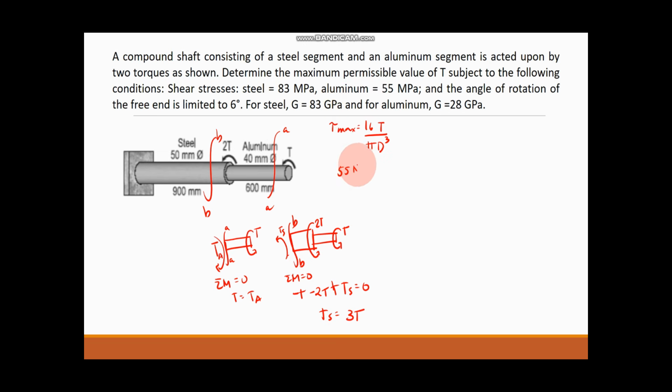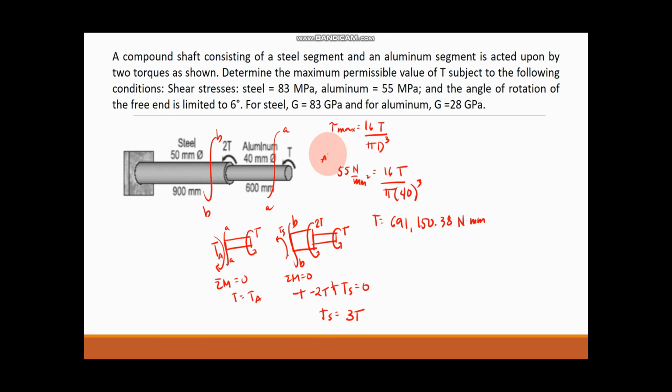So, 55 Newton per square millimeter equals 16, the value of T for aluminum is T all over pi, and then the diameter is 40 millimeter. Therefore, T is equal to 691,150.38 Newton millimeter.